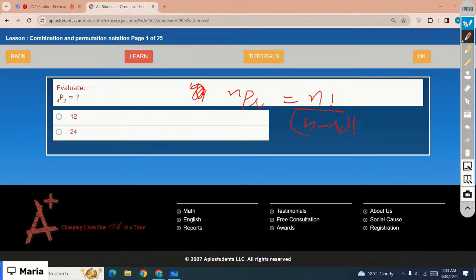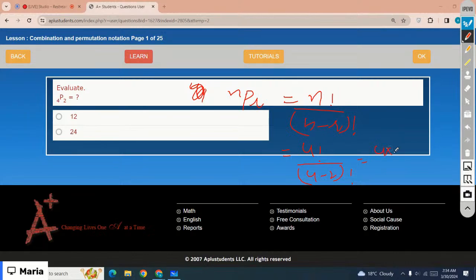So you have to evaluate 4 factorial divided by 4 minus 2 factorial.